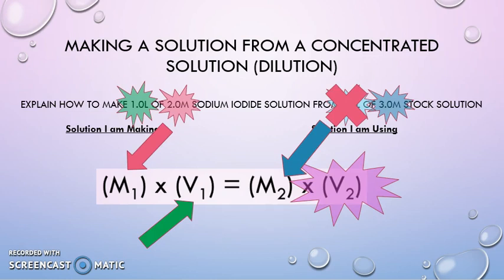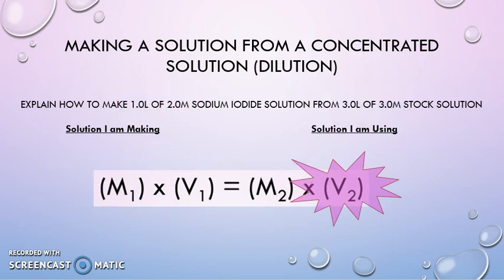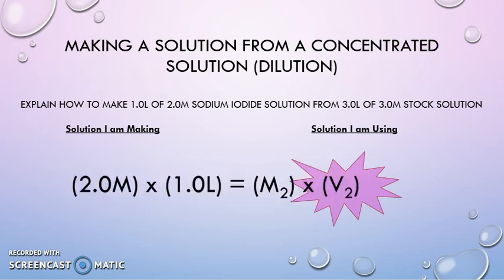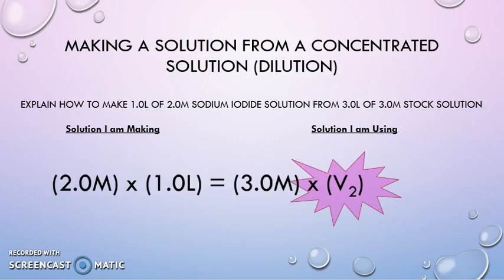Since we have a really nice equation now, I think it might be time that we start to fill it in. Let's fill in the molarity and the volume of the solution I'm making. That would be the 2 molar and 1 liter. Let's also fill in the information from the solution that I'm using. Remember that 3 liters was a nice number to have, but not entirely useful for this problem.